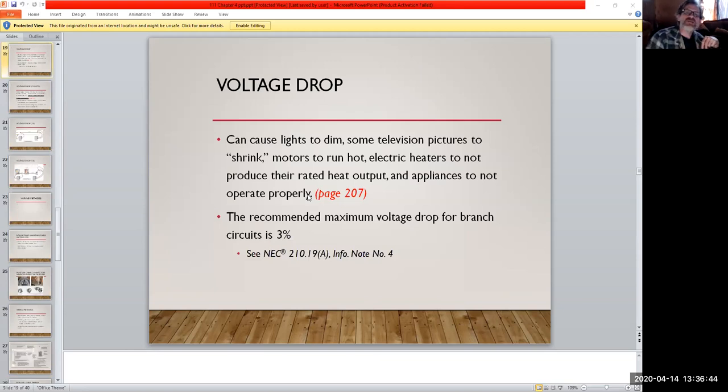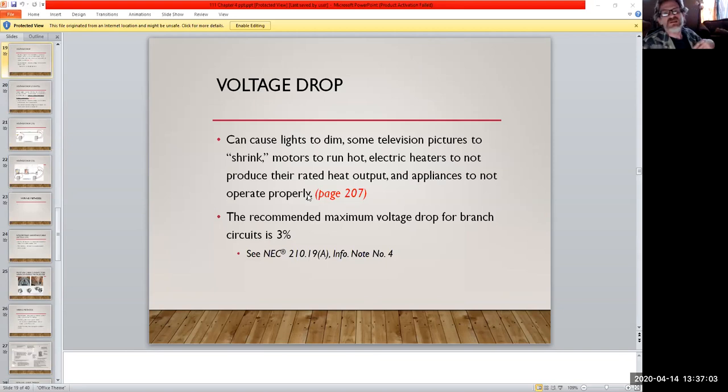Now we're going to get into something, and this is a very common thing. Over any given length of a wire run, you have something they call the voltage drop. It's not significant.